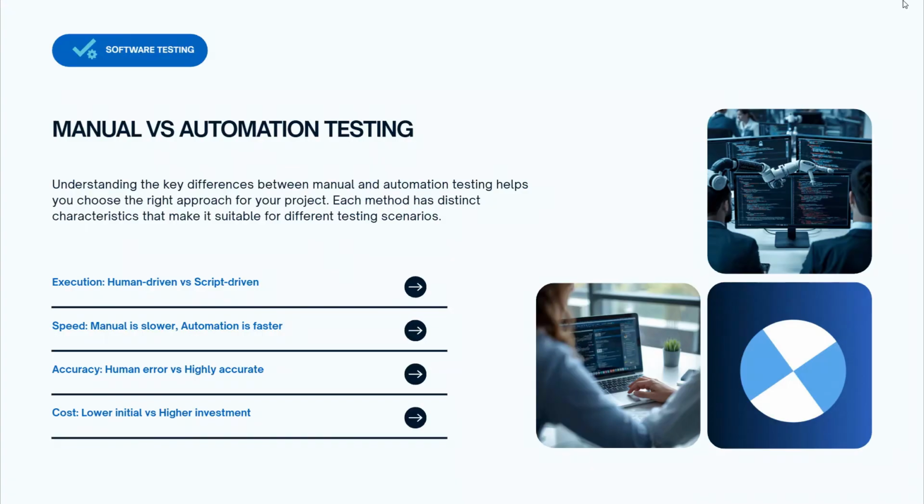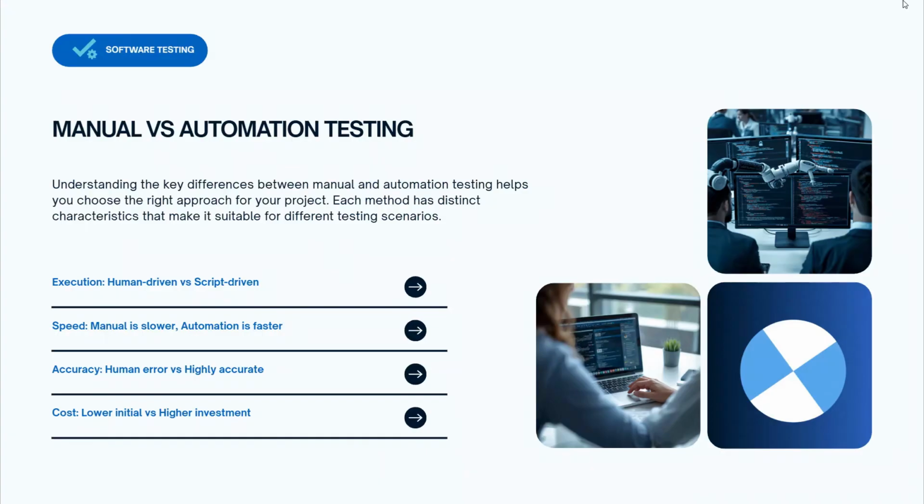Next comes manual versus automation. Okay, suppose we take feature execution. In manual, we will perform testing manually, like human testing without any automation tool or without any script.